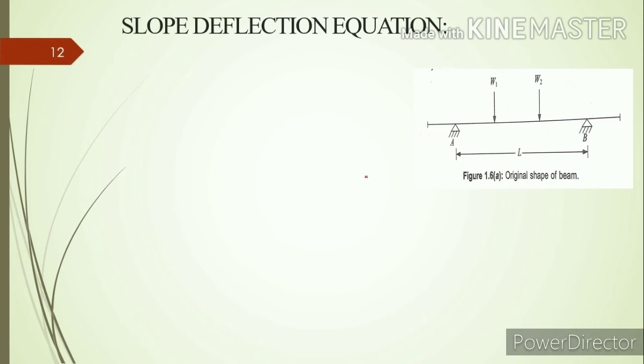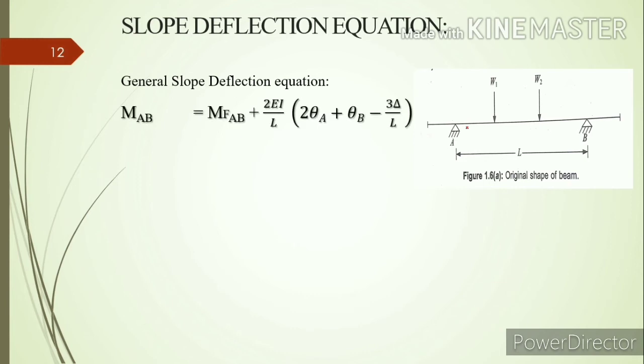Next is slope deflection equations. Consider a continuous beam AB which is subjected to different types of loads, then the general slope deflection equation is MAB is equal to M of AB plus 2EI by L into 2 theta A plus theta B minus 3 delta by L. Consider a span AB of a continuous beam, with left side support and right side support.